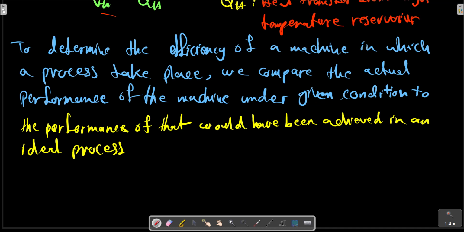It is in the definition of this ideal process that the second law becomes a major consideration.